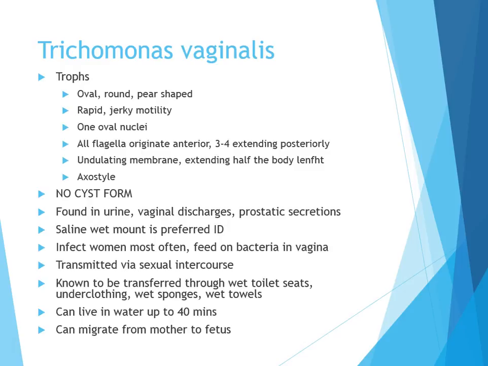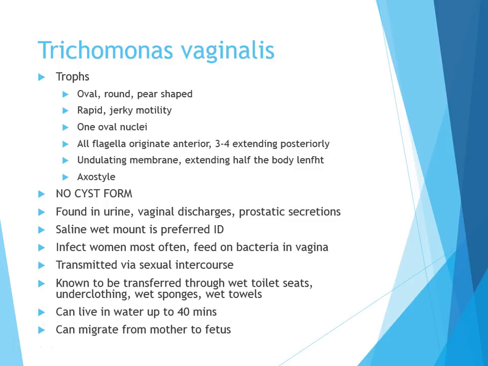Okay, vaginalis looks almost the same as hominis does. It's pear-shaped, jerky motility, 1 oval nucleus. All of the flagella originate anteriorly, and 3 to 4 extend posteriorly. They originate anteriorly, though.